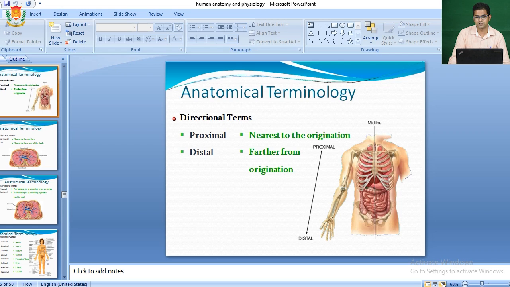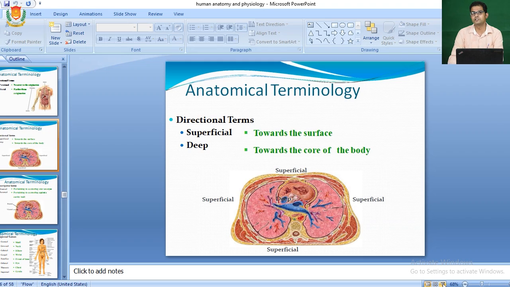Next directional terms are superficial and deep. Superficial refers to those portions which lie at the surface, while deep lies inside. For example, if we take a cross-sectional view of any organ part, the outer layers will be made up of epithelial tissue which forms the superficial part, while the inner layers or inner cells will form the deeper part.